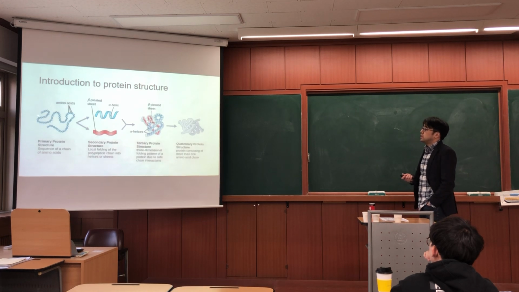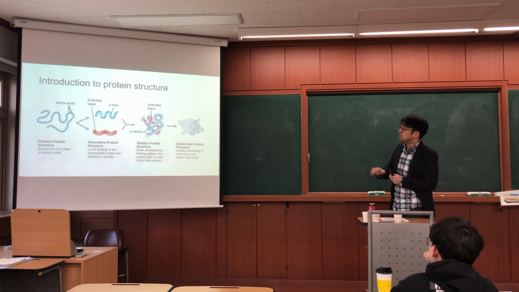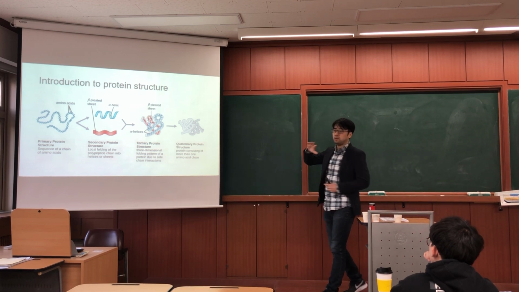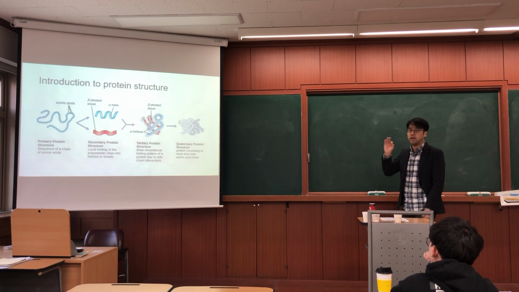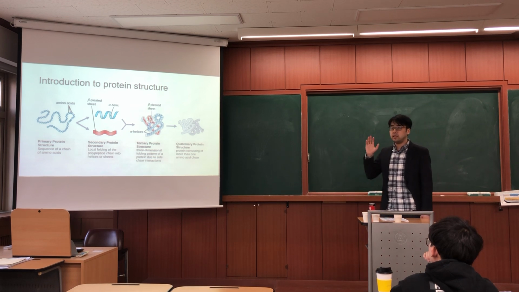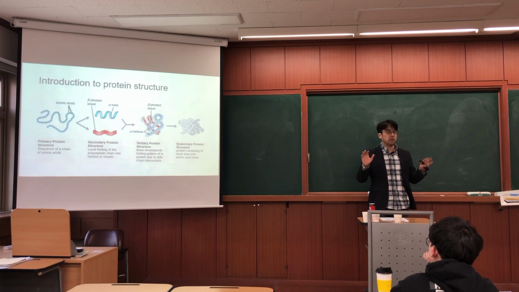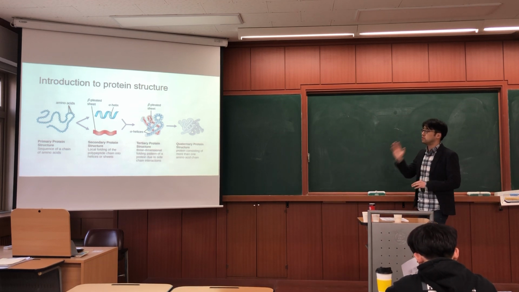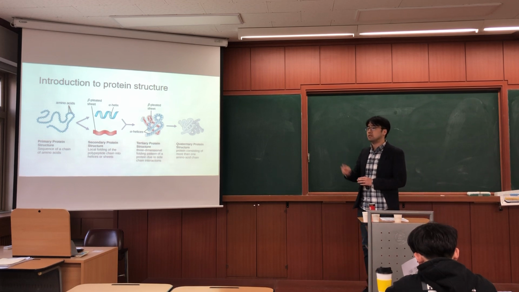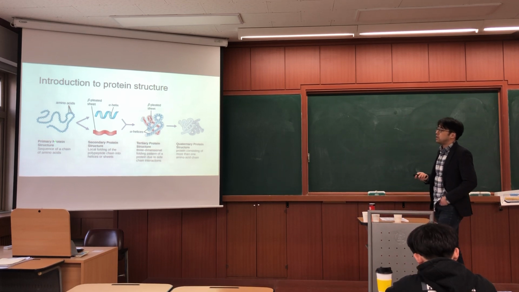As I told you, proteins are chains of amino acids, and as you may have learned already, there are 20 natural amino acids, right? In nature, all the organisms from bacteria to human have proteins consisting of only 20 amino acids, which is quite surprising.